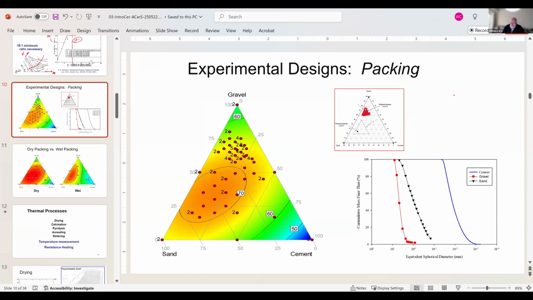So this is coarse on the top, that's the gravel. This is medium over here, the sand, and this is fine over here, which is the cement. We predicted here. When he did these measurements, he found that in his statistical experimental design, which is just this little triangle here, it indicated that his density was increasing like this in this direction.